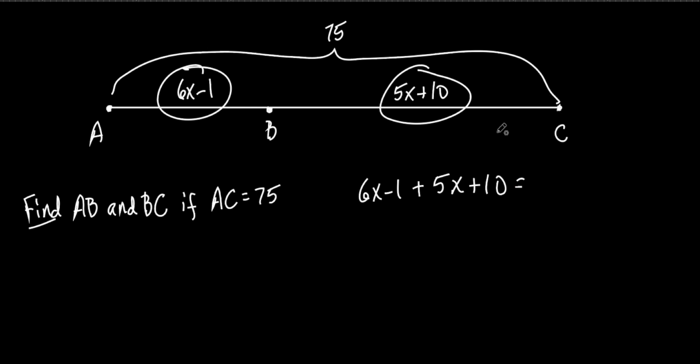They told you that AC is 75. So that's what you have to know how to do. That's the geometry. Now, you're not finished, but that's the geometry to this. You take this segment plus this segment, and it equals the whole entire segment. That's what we're doing today.